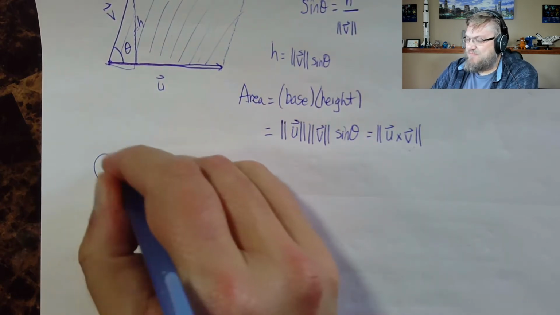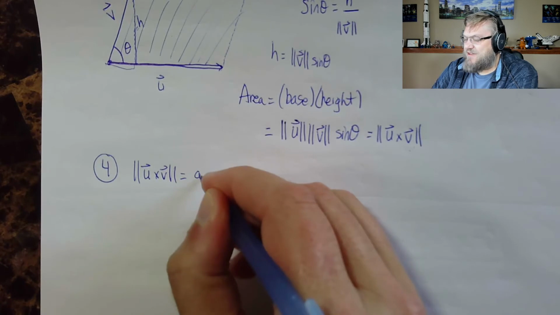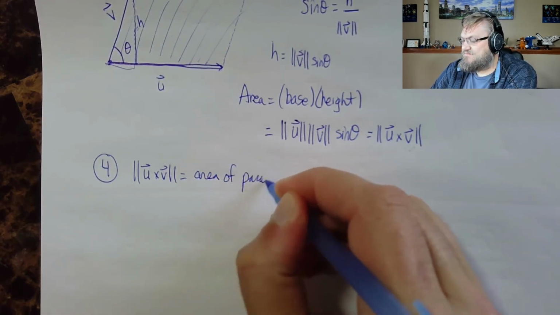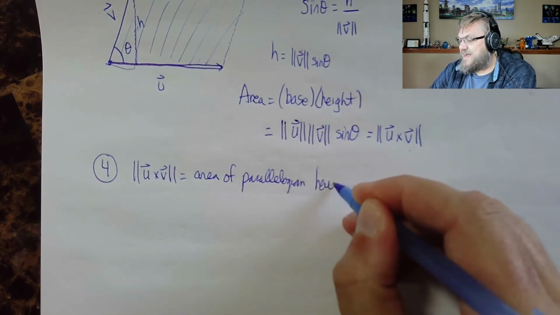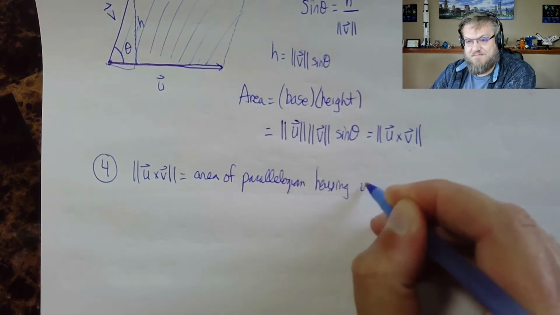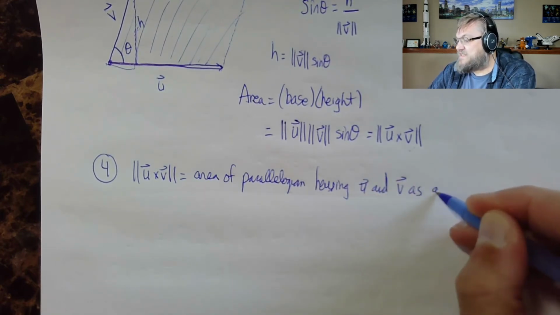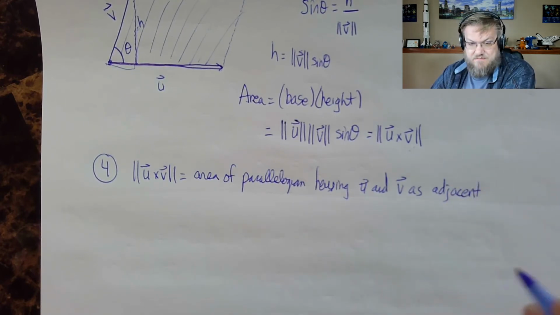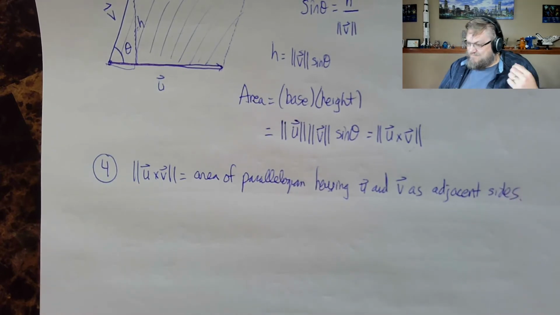And so the magnitude of u cross v equals the area of the parallelogram having u and v as sides. Yeah, I guess as adjacent sides, I should say, to be very correct. Adjacent sides. Okay.